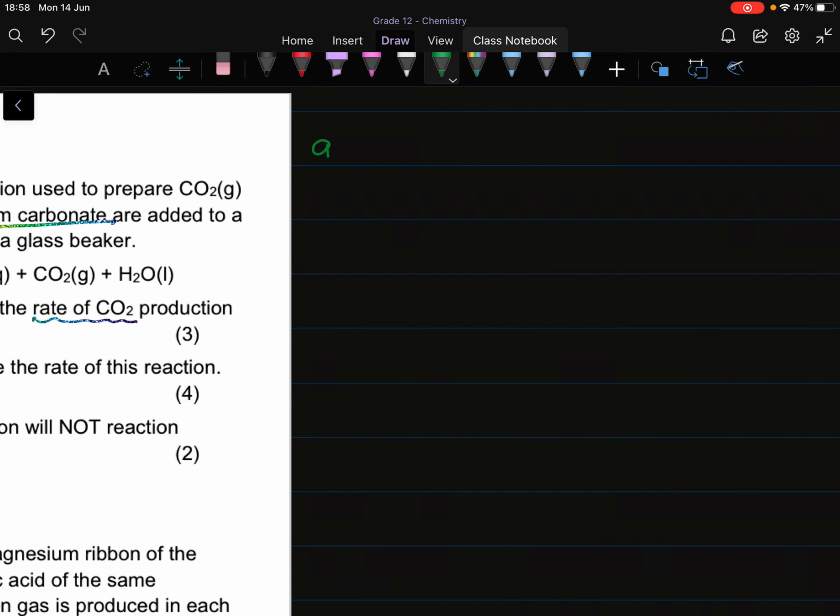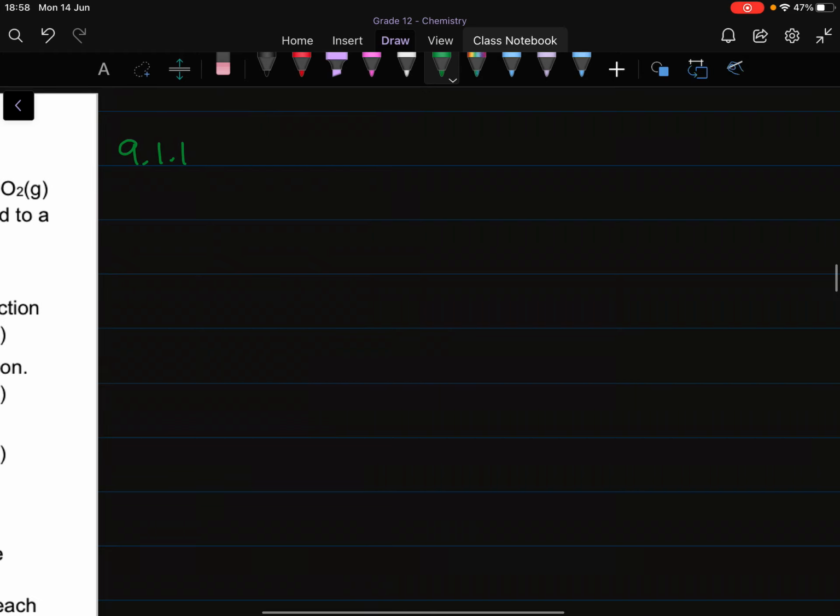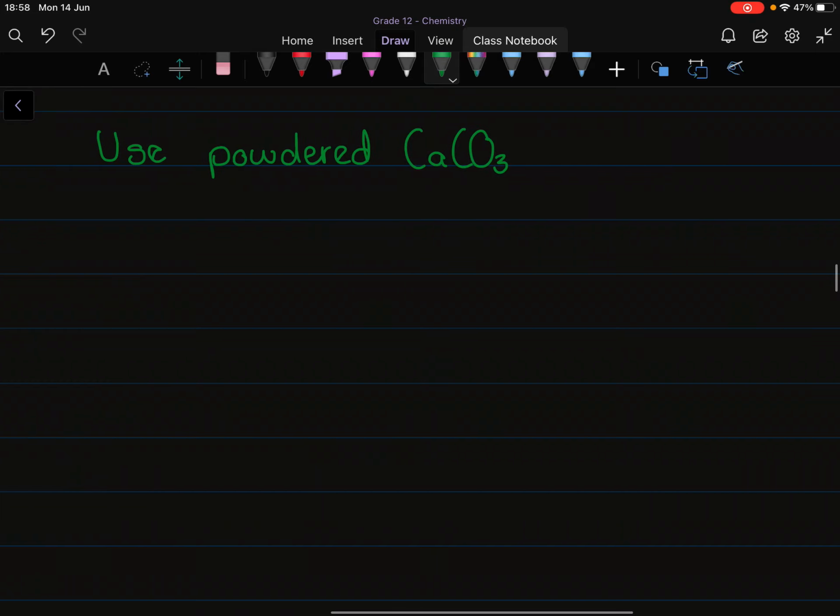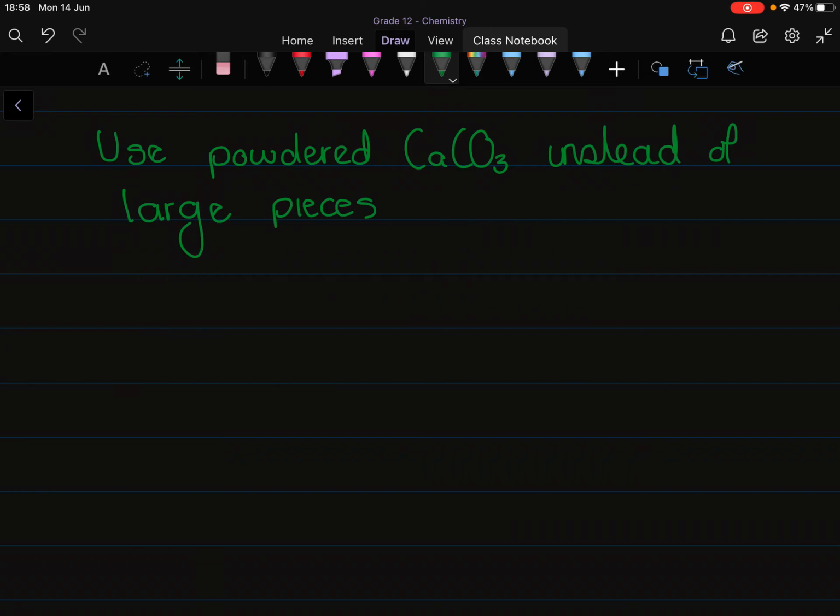So the very first thing I can do, so this is 9.1.1, is I can use powdered calcium carbonate instead of large pieces. Okay, that's the first one.